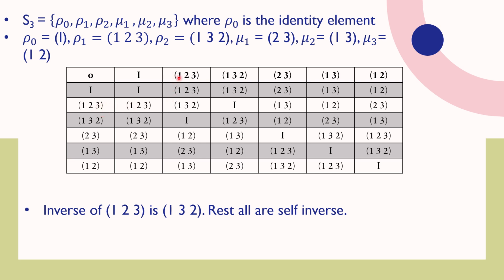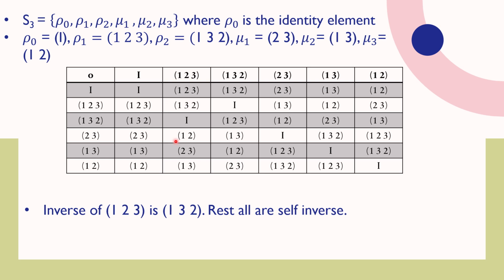When you find the product under the operation, whatever the operation here is, when you perform the operation with (1 2 3) and (1 2 3), you get (1 3 2). Again, for the products, watch the previous video to learn how to make products. So you find the product here and you get (1 3 2). Then (1 2 3) with (1 3 2), you're getting identity. Remember this. (1 2 3) with (2 3), you get (1 3). (1 2 3) with (1 3), you get (1 2). Find the products and you fill the entire table.